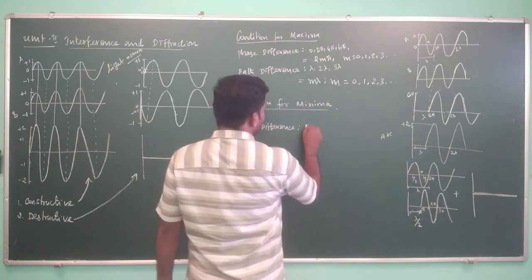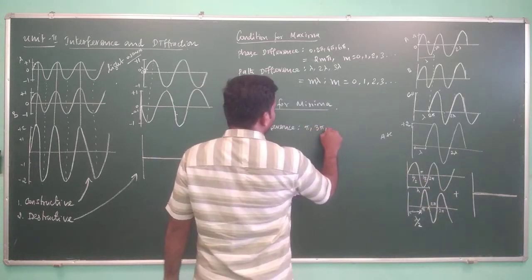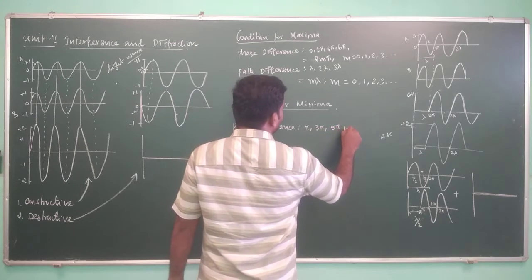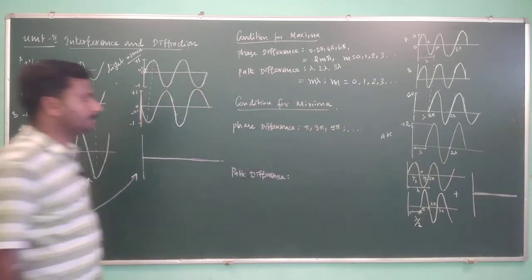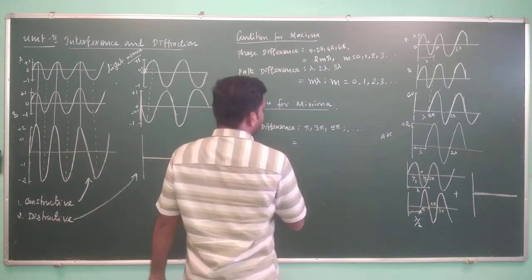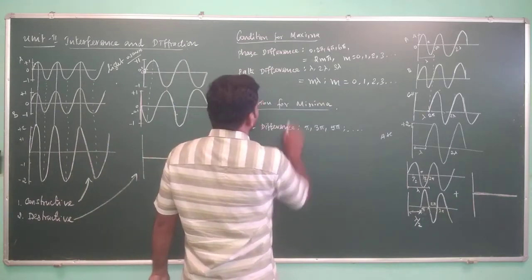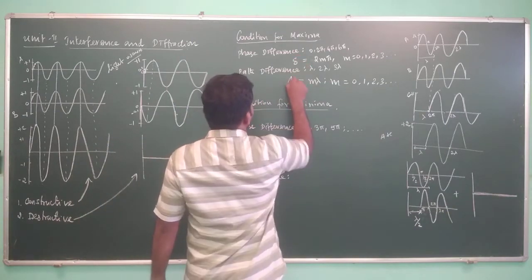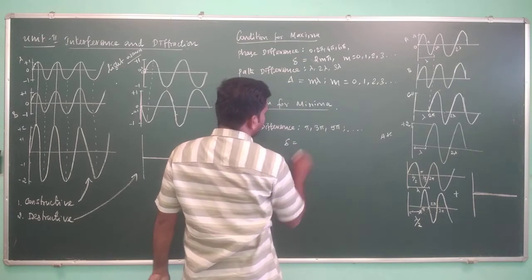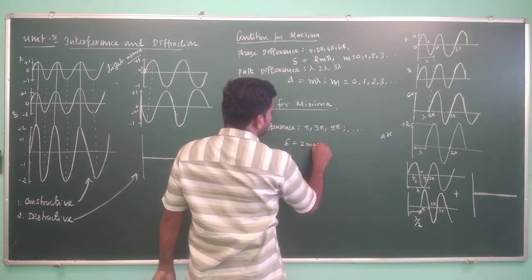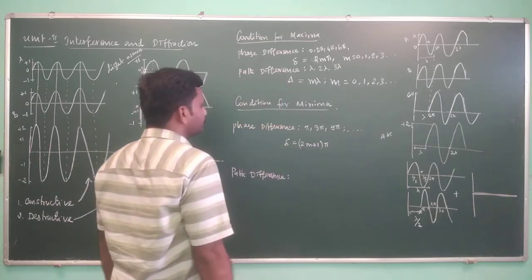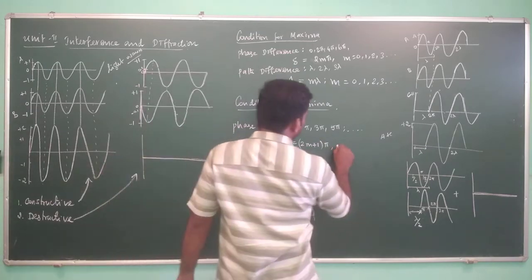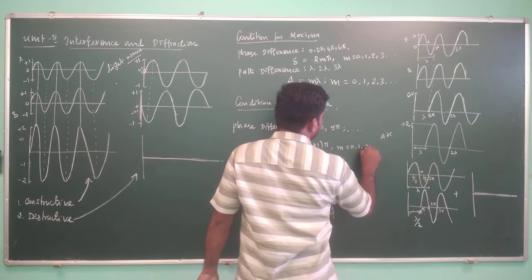If the phase difference is pi, 3 pi, 5 pi, and so on, then destructive interference will happen. If you generalize this, what can you write? Phase difference is small delta, path difference is capital delta, so small delta is (2m plus 1) pi, where m equal to 0, 1, 2 and so on.